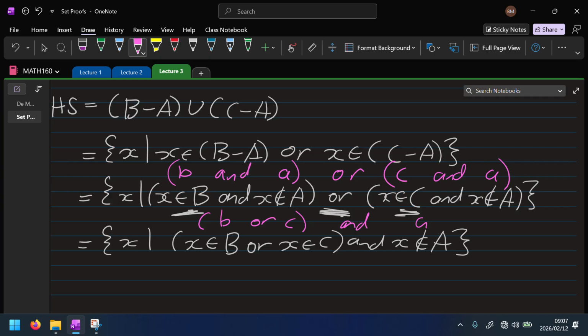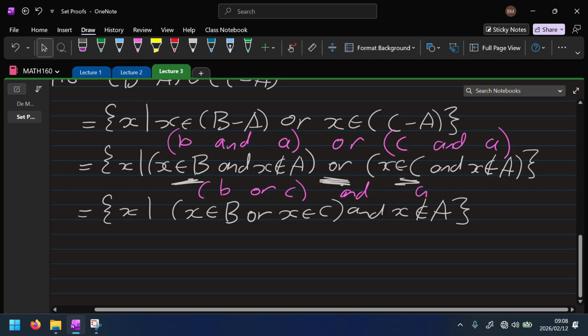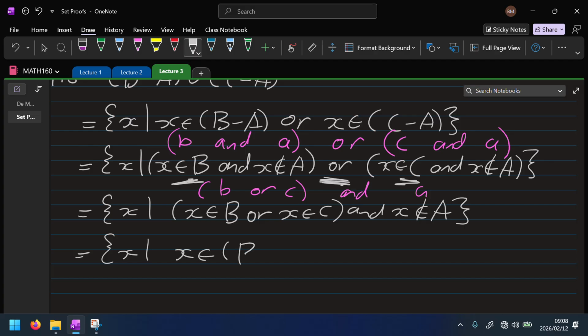If it's in one or the other, it's in the union. So finally, we've got x element of the union and not in this one, or in A complement, if you want to write it like that. So it's in the union and it's not in this one.